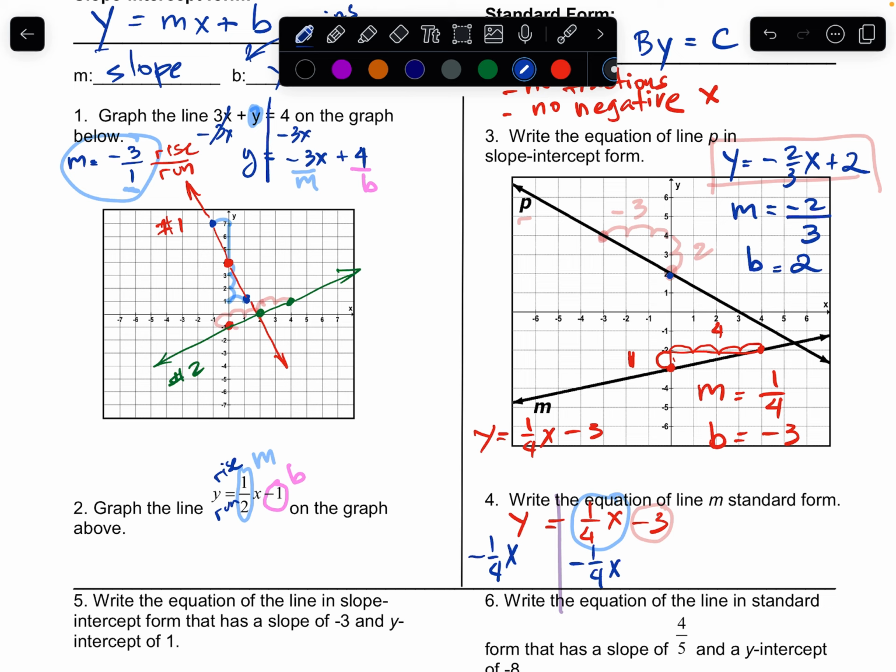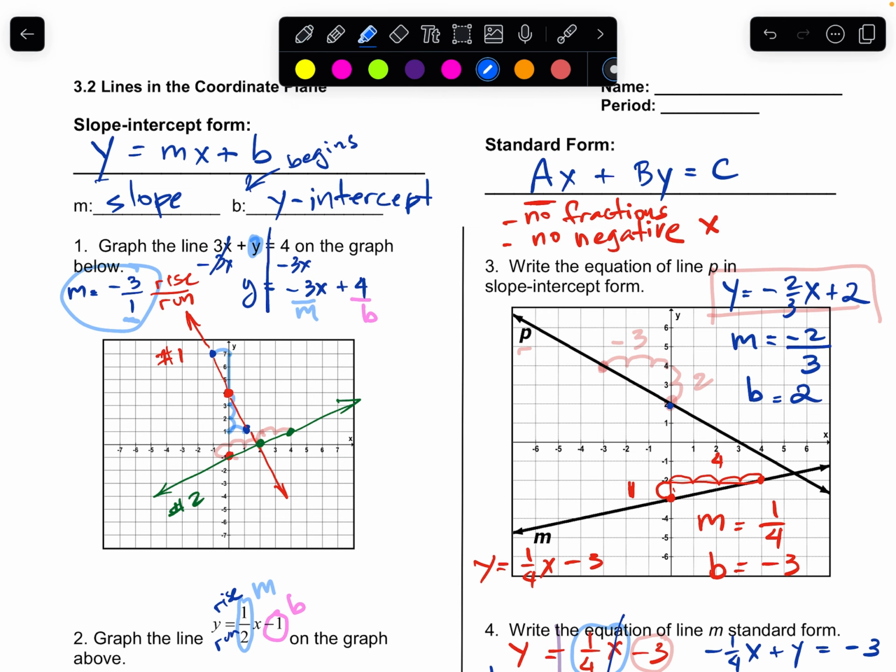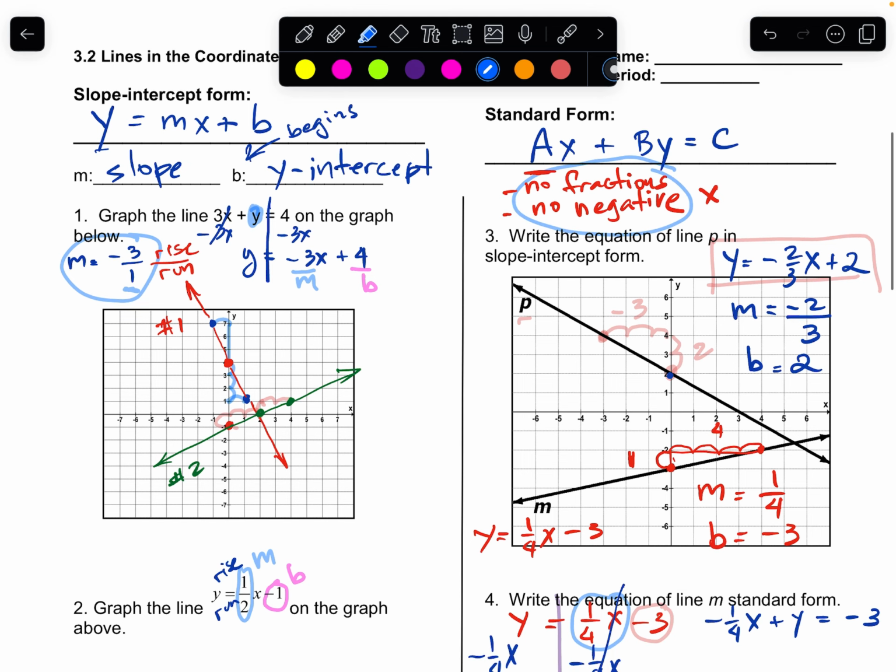So now this is going to be negative 1/4 x plus y is equal to, and 1/4 x minus 1/4 x is right there, that's 0. So this is a negative 3. So remember, we'll go back to our rule right here. Our rule says that we can't have any fractions or negatives.